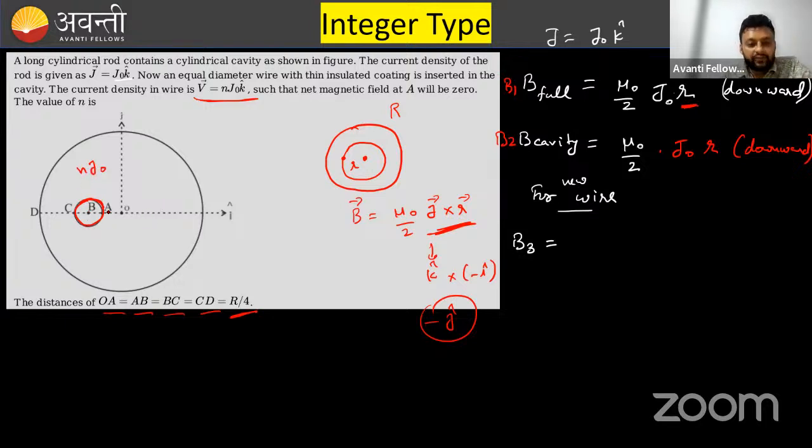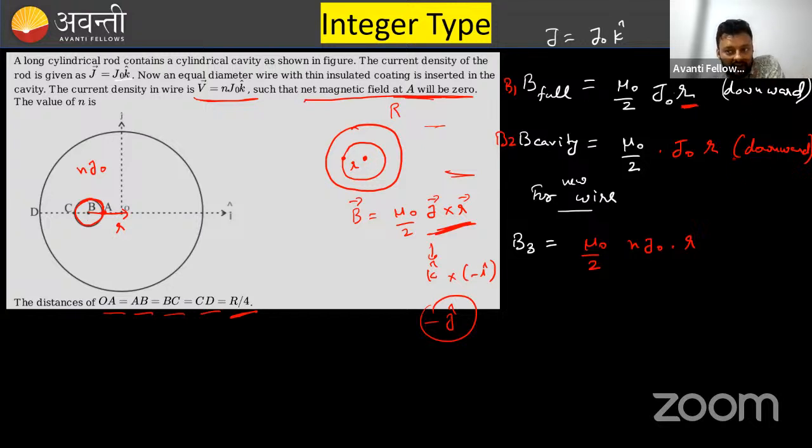And I want to calculate the field at A. Again, the position vector will be this much. So I will write mu naught by 2, current density is N J naught into R. But the question says the net magnetic field at A will be zero.